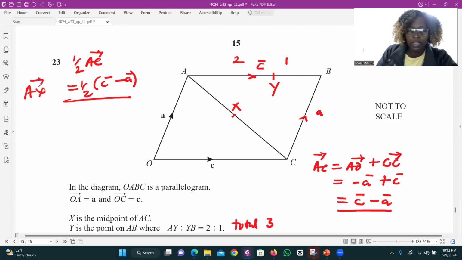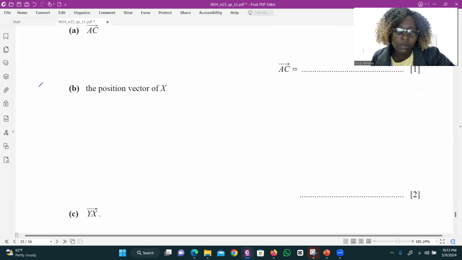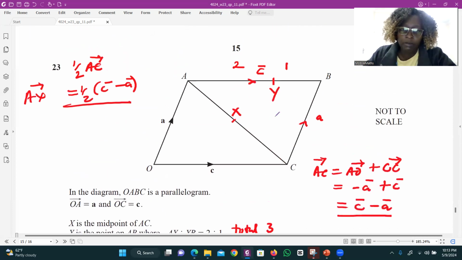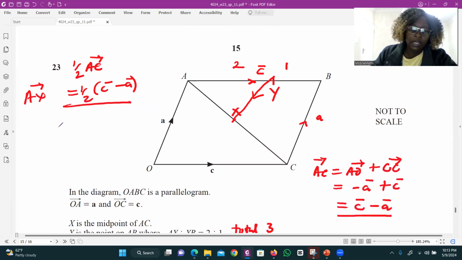Okay. Then the last question is saying YX. So we will now want to find from Y to X. So this is Y to X. How do we go from Y to X? We can go via A. YX is equal to YA plus AX.